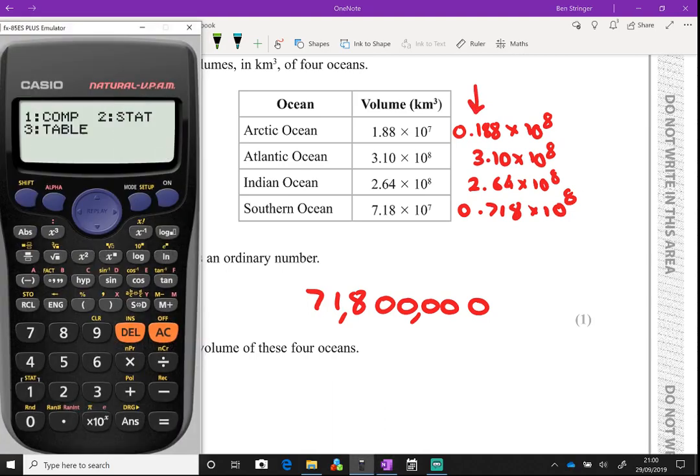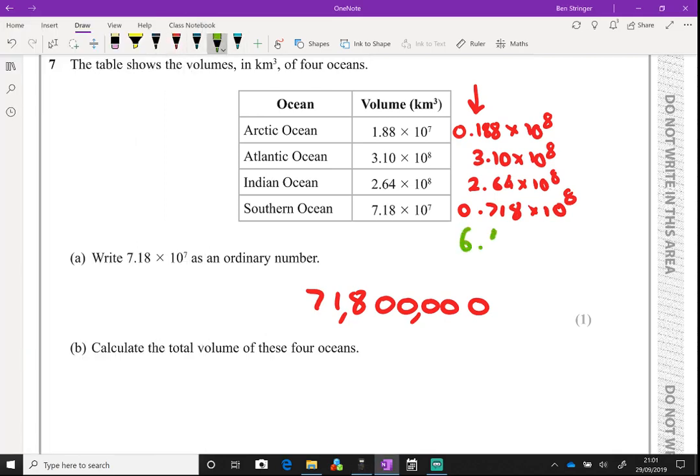So mode, put it back to regular computations. 0.188, add 3.1, add 2.64, add 0.718 equals 6.646. 6.646 times 10 to the 8.